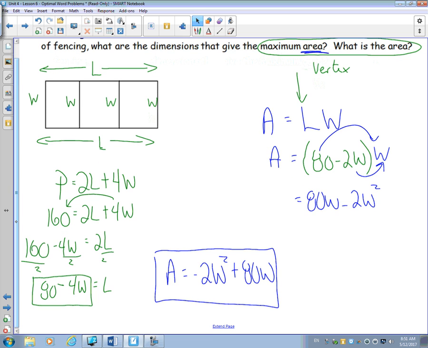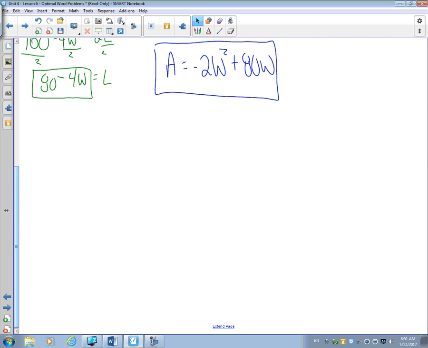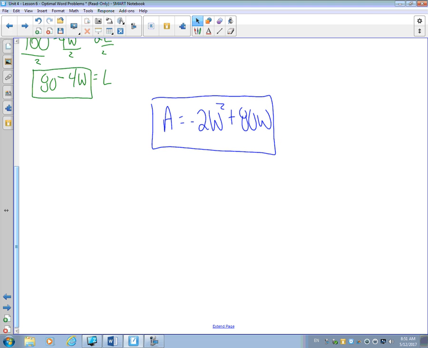I don't really need the other stuff anymore because I have an equation like the previous ones of money that depends on one variable, the width of this rectangle. If I can optimize this width, I can figure out the area of the rectangle. How do I optimize something? I find the axis of symmetry and I plug it back in. So in this case, I'm going to use negative b over 2a.